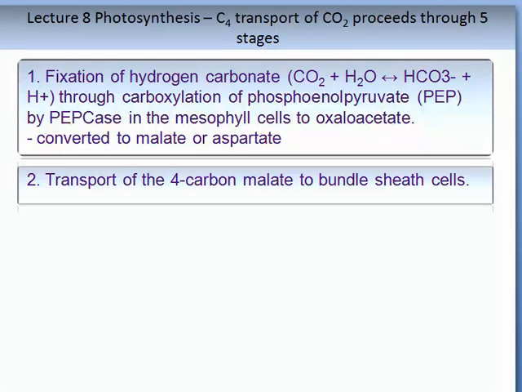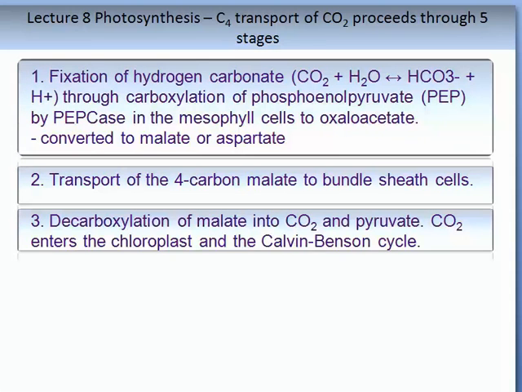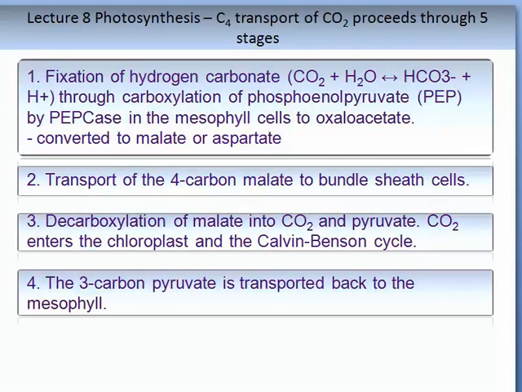The second stage is the transport of the 4-carbon malate to the bundle sheath cells. The third stage is decarboxylation of malate into carbon dioxide and pyruvate. Carbon dioxide enters the chloroplast and the Calvin-Benson cycle. In the fourth stage, the 3-carbon pyruvate is transported back into the mesophyll.